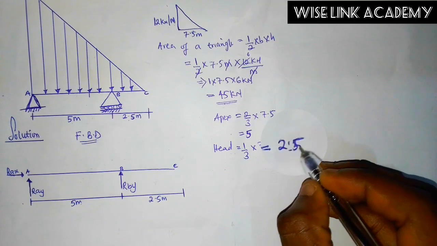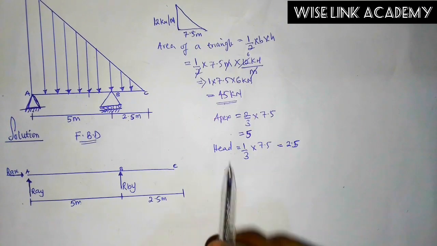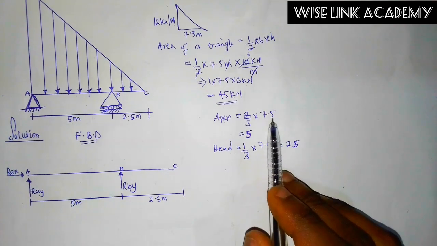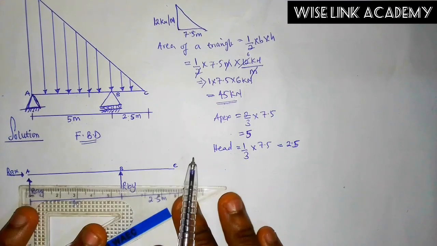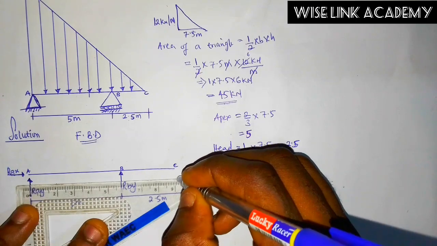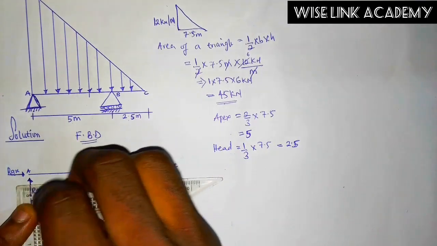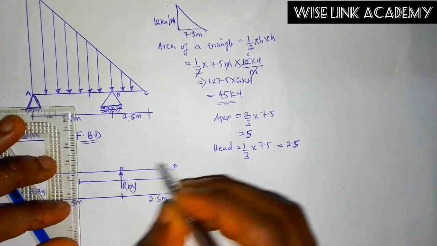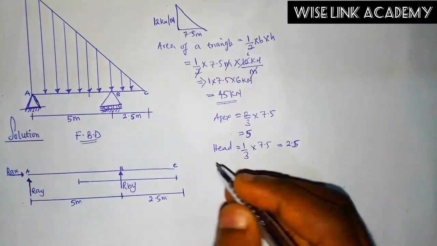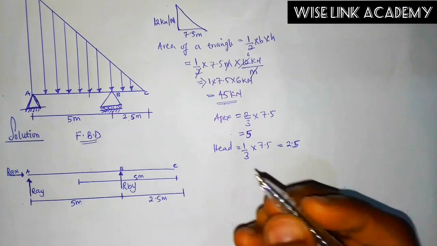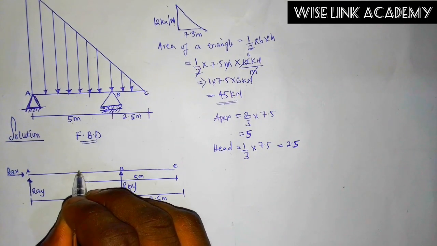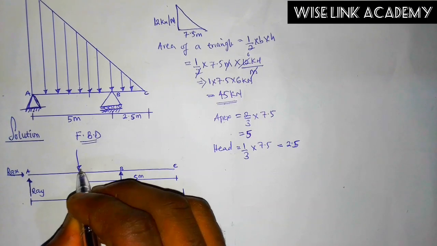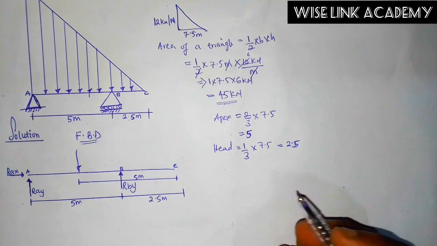This simply means that if I want to take my readings from this point C, I will measure 5 meters from this point to this point, and where it ends will be that point where the 45 kilonewton acts. You get that now?